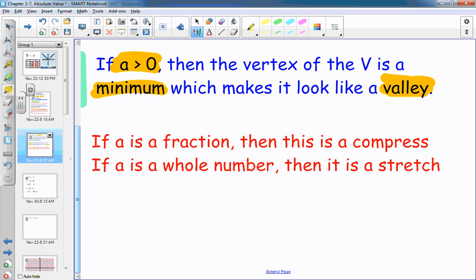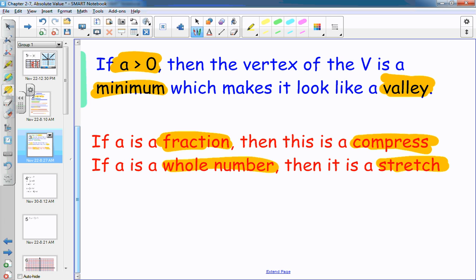Does that make sense? 2/3, 4/7, 5/8. If it is one of those fractional numbers, we are compressing it because we have a very small slope. It's a flat slope. It's not very steep. If it is a whole number or a number larger than 1, it is going to be a stretch, meaning it is a travel mug. Do we understand that?